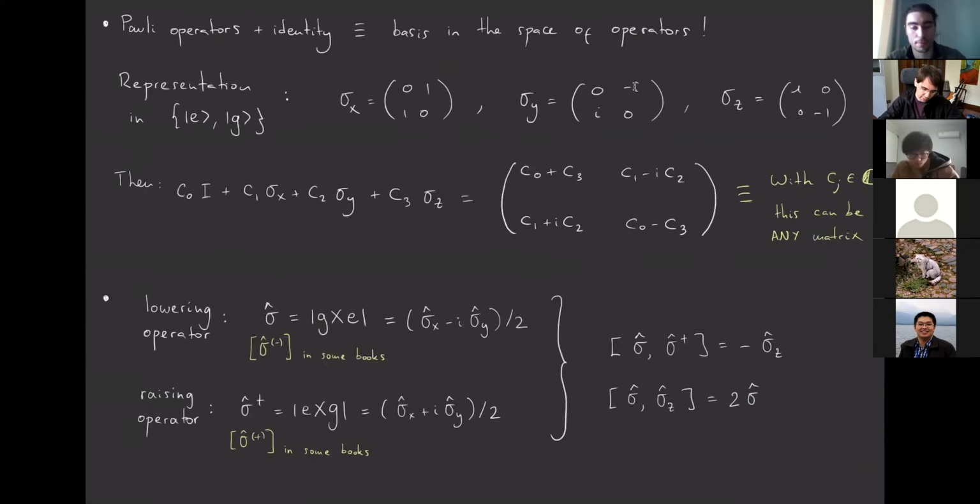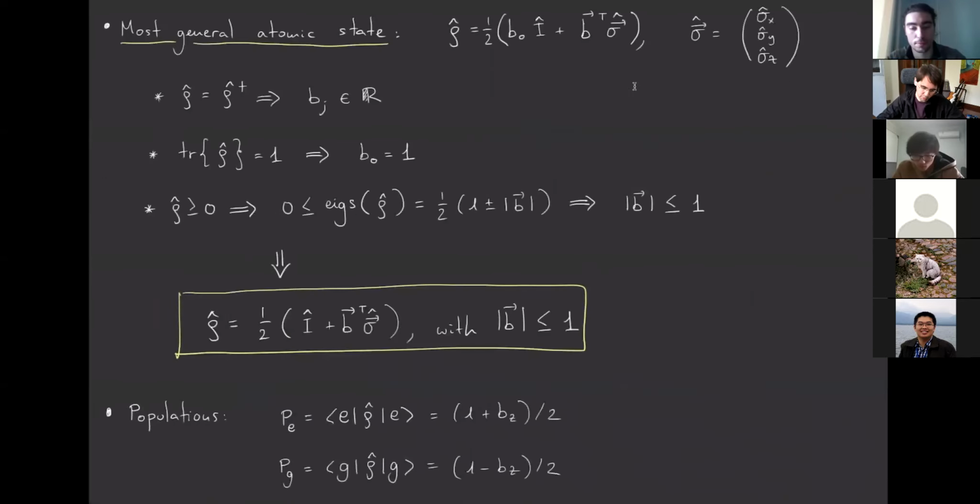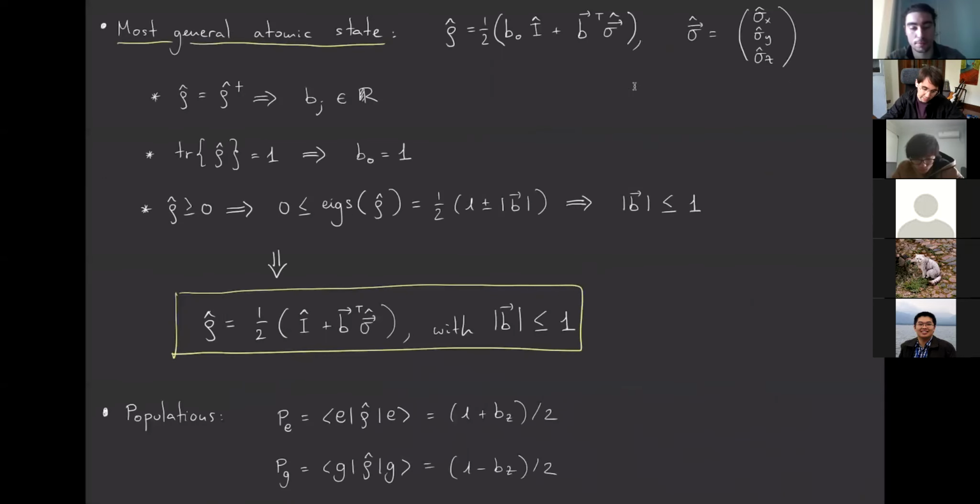Okay, then the other important thing that we saw is that the state of a two-level system, so the state of matter within this two-level approximation, any mixed state can always be written as half of the identity plus a linear combination of the Pauli operators with some coefficients b that define a vector that we call Bloch vector.